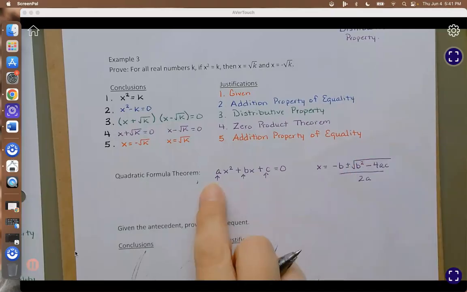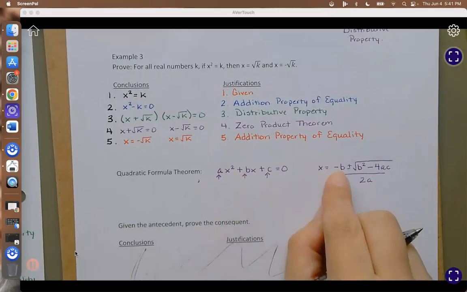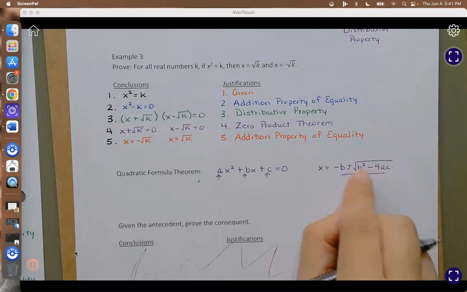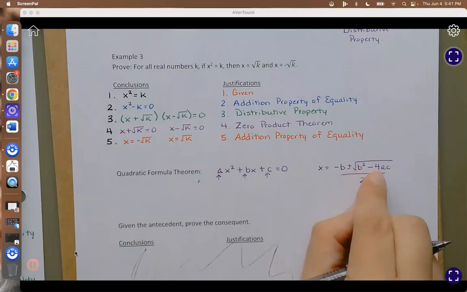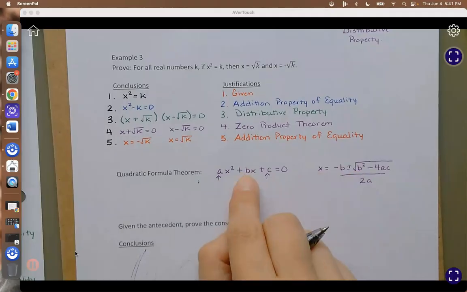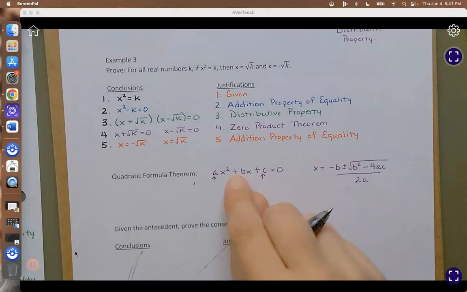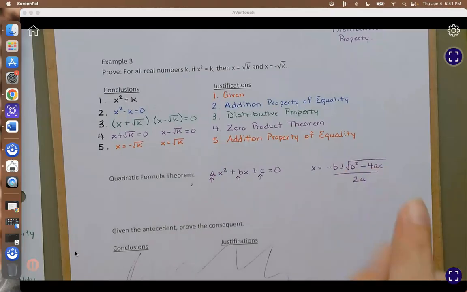So you take these numbers out, and what you're going to do is put whatever this number is, you're going to do the opposite of it. And when you get to this part right here, be careful because this is where people make a mistake. So you're going to square this. No matter what this number is, this number is going to become positive. So if this is a negative, it's still a positive because you're squaring it. If it's a positive, when you square it, it's still a positive.